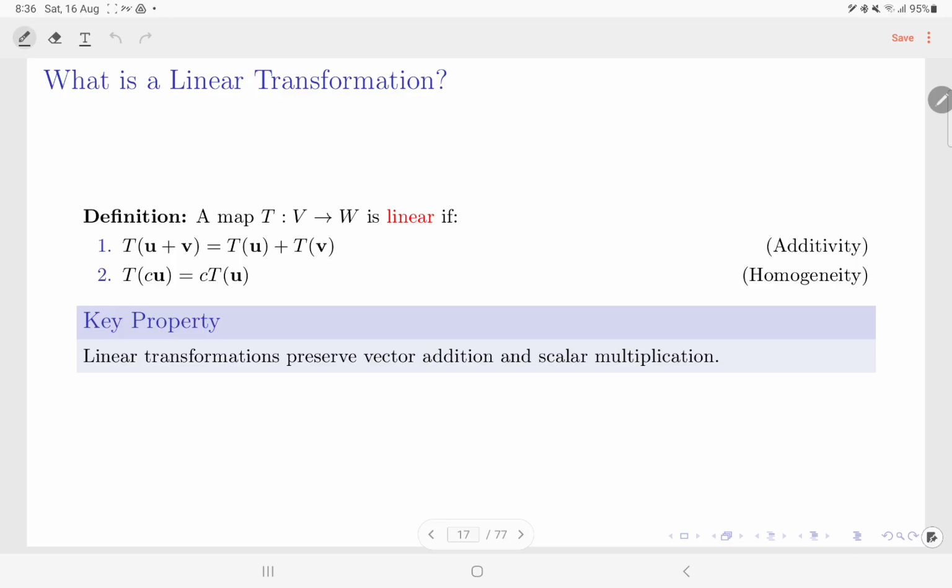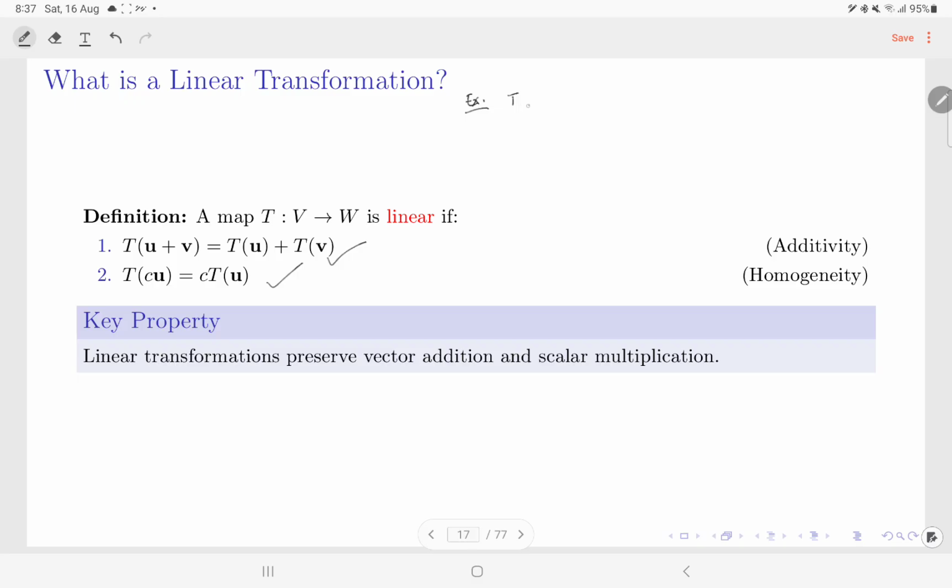For linear transformation, a map T from V to W is linear if it satisfies two properties, which are additivity and homogeneity. Let's understand this with an example. Let me give you an example right here, and then we will see other examples as well.